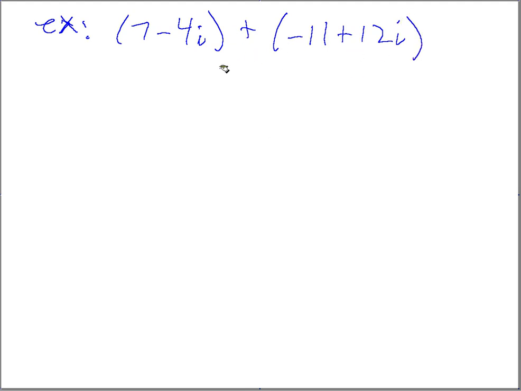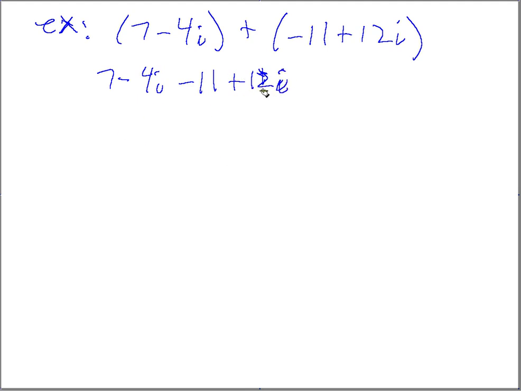Well, as you might imagine, adding this is not hard at all. It's simply combining like terms. So all you do is combine the real parts and combine the imaginary parts together. So in other words, first of all, we just drop the parentheses: 7 minus 4i minus 11 plus 12i. That's a 12 right there, and that's an i as well.